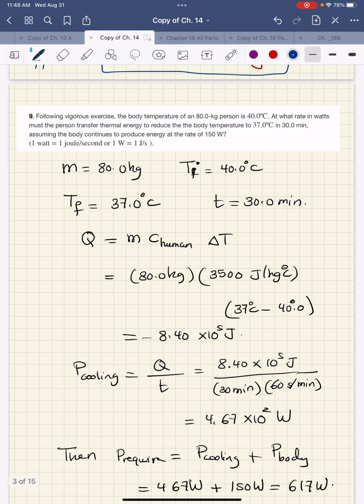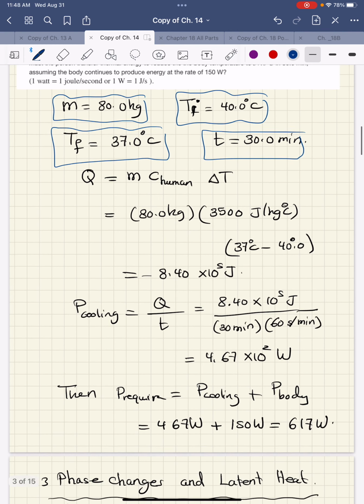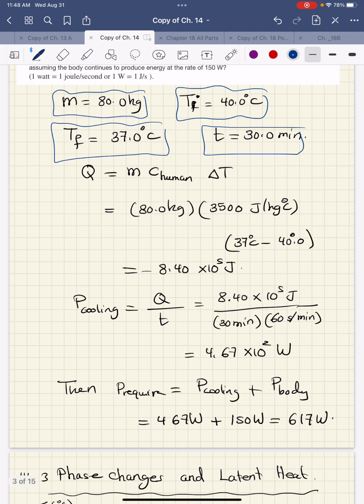Here the mass is 80 kilograms, T initial is 40, T final is 37, and the time is 30 minutes. Then Q can be calculated as m times c human times delta T. This should be given to you.